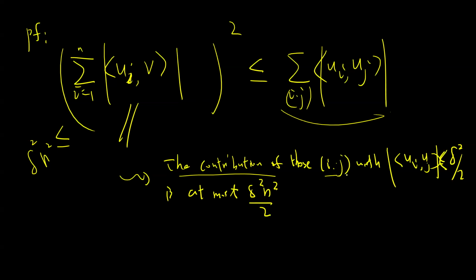So the contribution of those small pairs is at most delta squared n squared divided by 2.